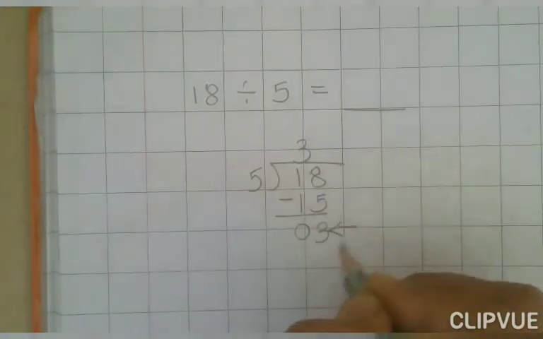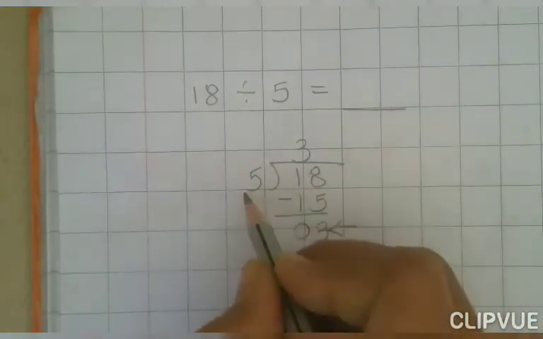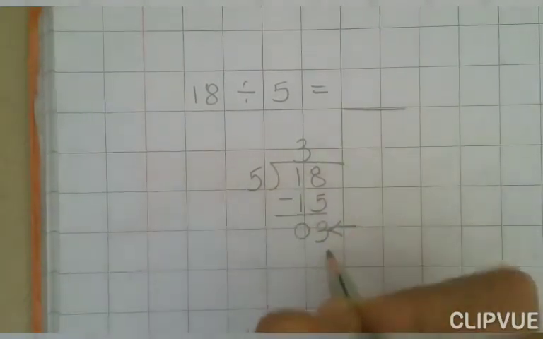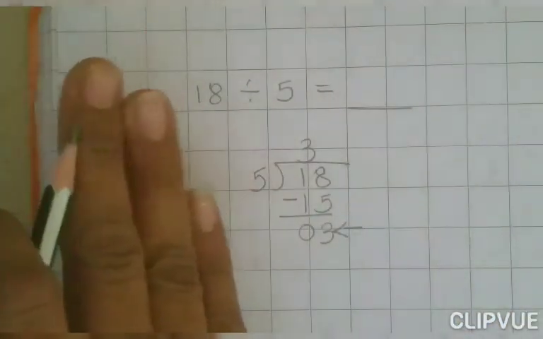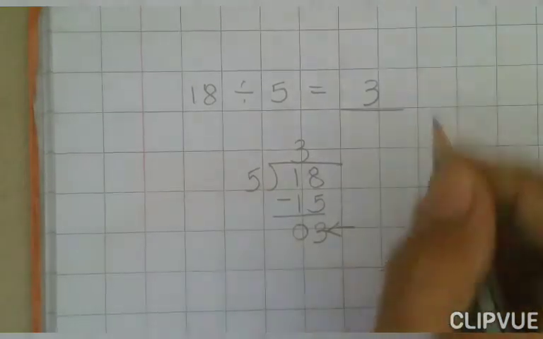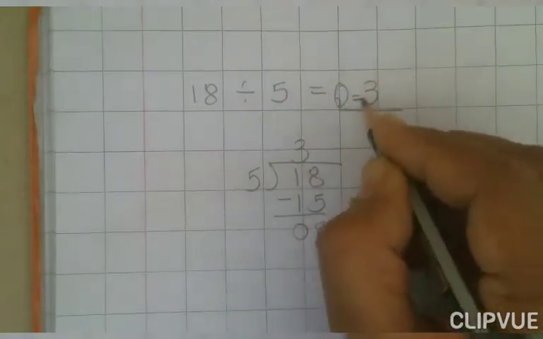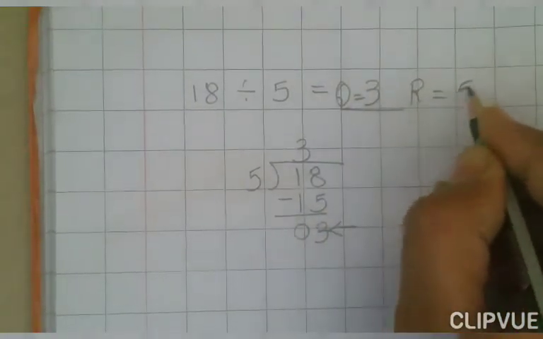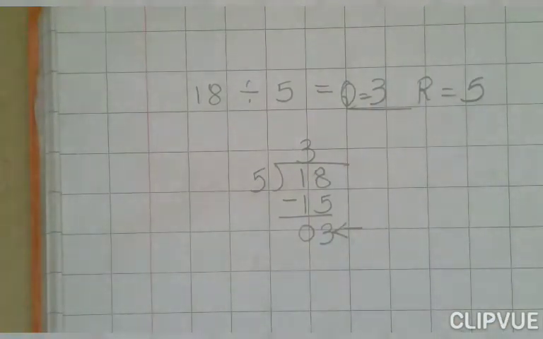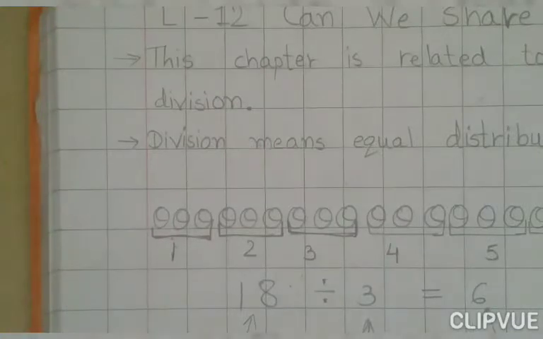Now this is your remainder, because 3 is smaller than 5, so now the division is not possible. Means the quotient is 3 and the remainder is 3. Okay, so quotient is 3 and remainder is 3. This is the concept of the remainder. I hope you understand what the remainder is.